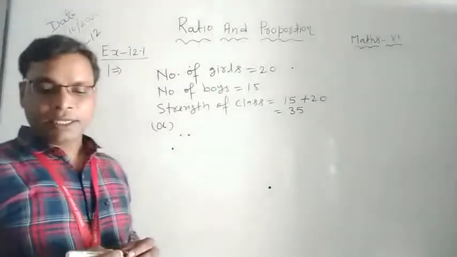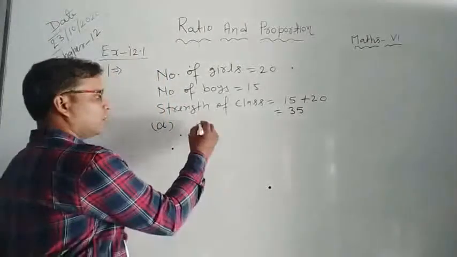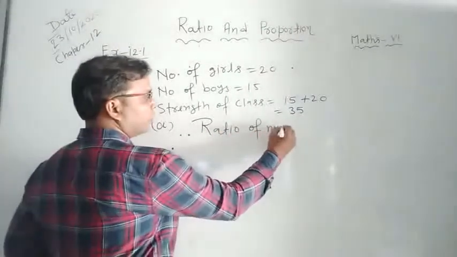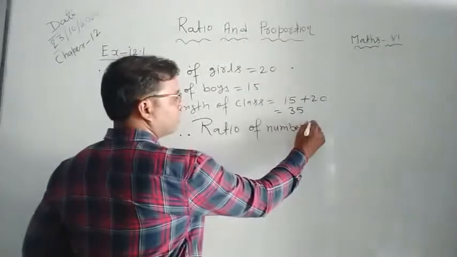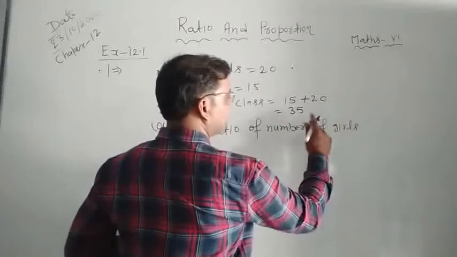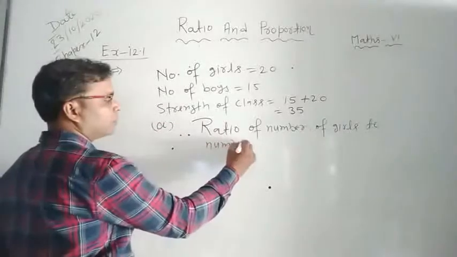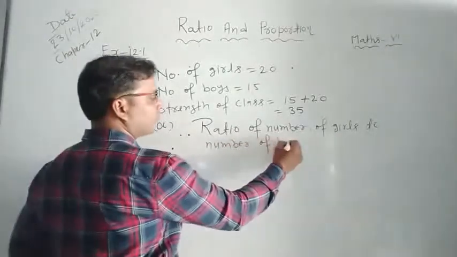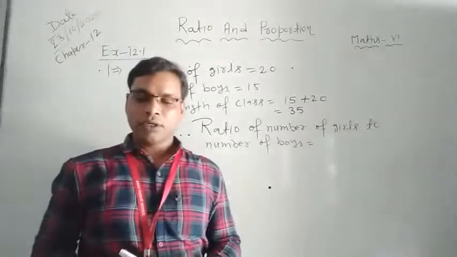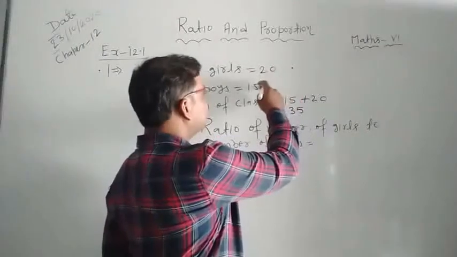Question 1 part A. We need to find here the ratio of the number of girls to the number of boys. So the ratio of the number of girls to the number of boys is equal to, the number of girls is 20 and the number of boys is 15.